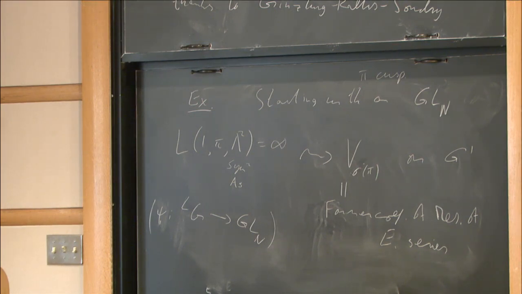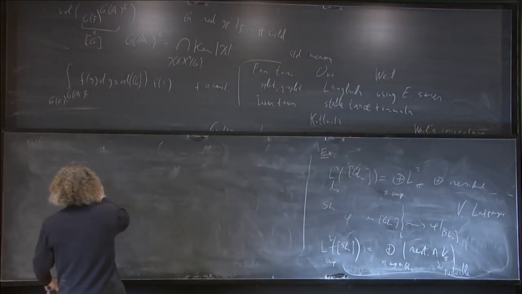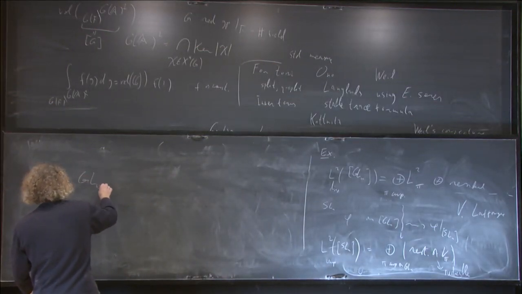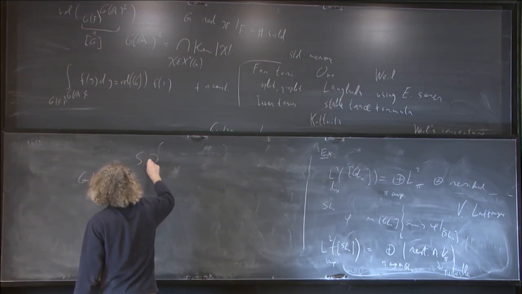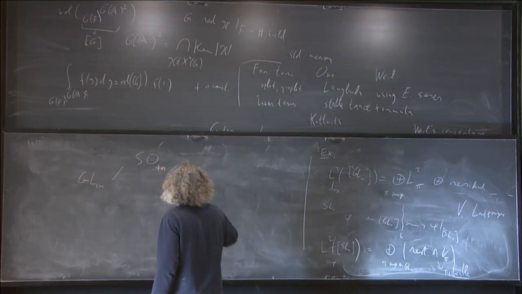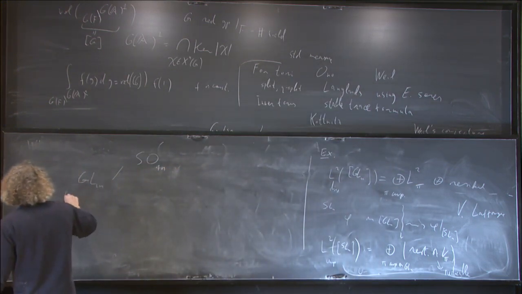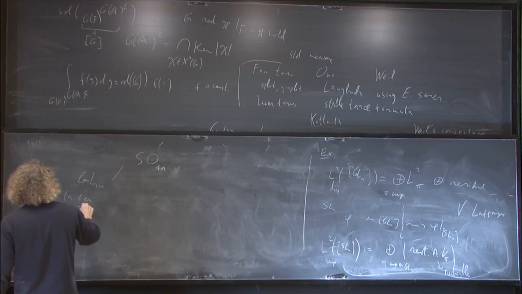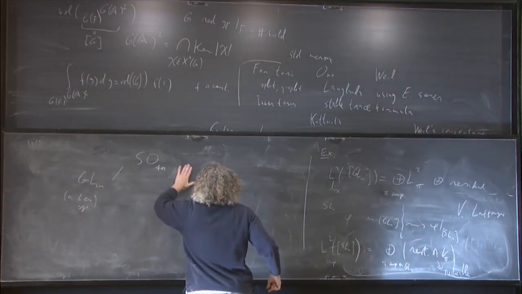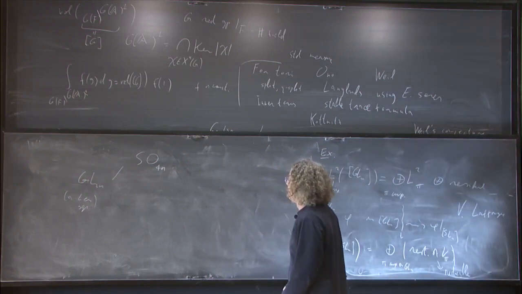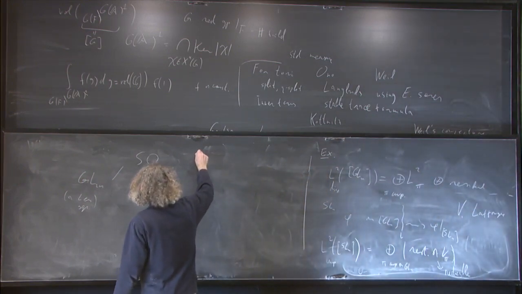So in a typical situation, let's say you start with GL2n, with exterior square having a pole, then you go up to Sp or SO, let's say SO4n. So this is the Levi subgroup of a maximal parabolic, and then you take Eisenstein series.